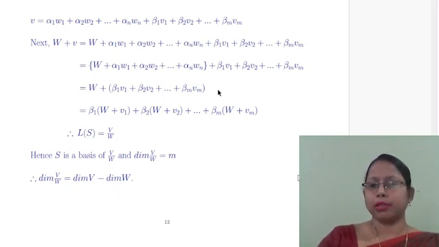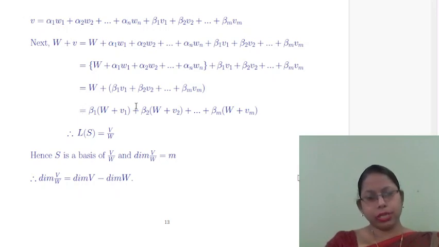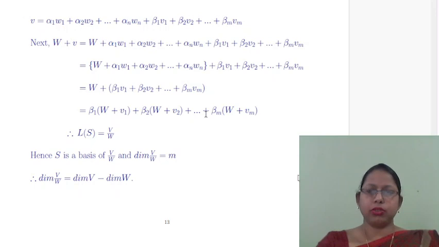This is by the vector addition property in V by W. Next, using the scalar multiplication property, I can write beta 1 into W plus v1, dot, beta m into W plus vm.